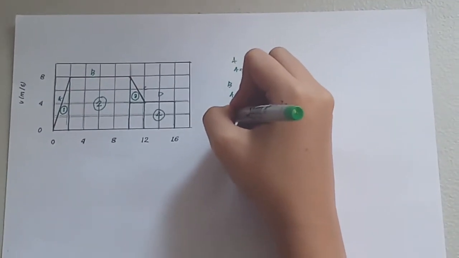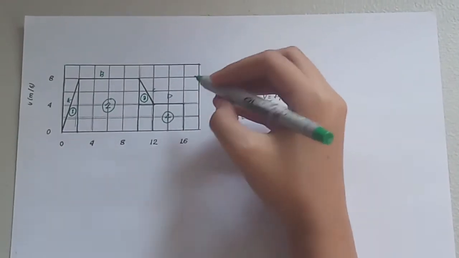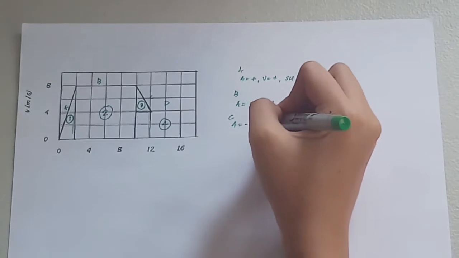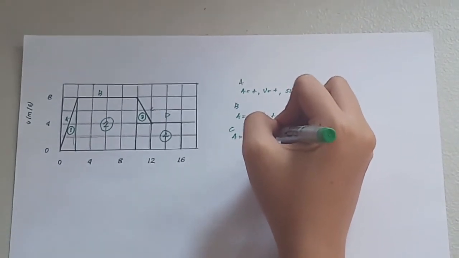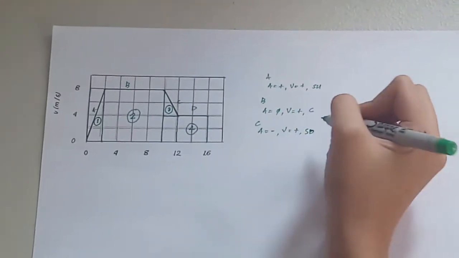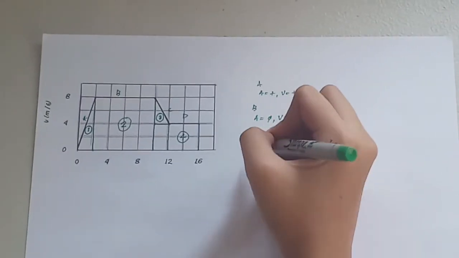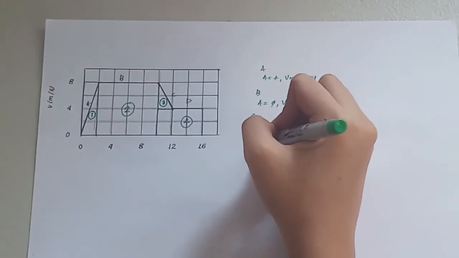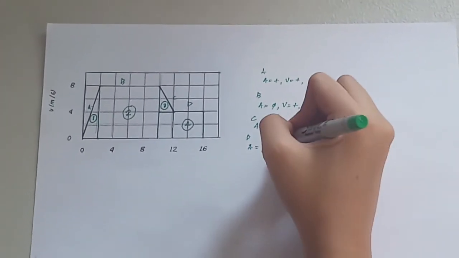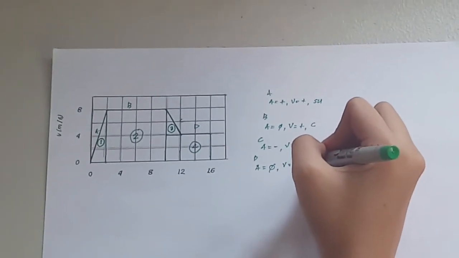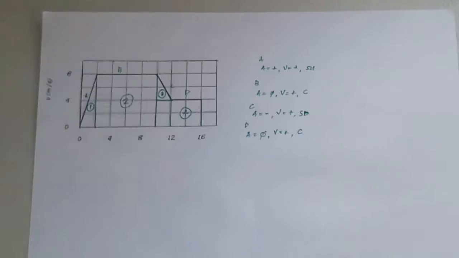In letter C, its acceleration is negative, its velocity is positive, and it is slowing down. In letter D, you can see that there is no acceleration, and its velocity is positive, and it is constant speed.